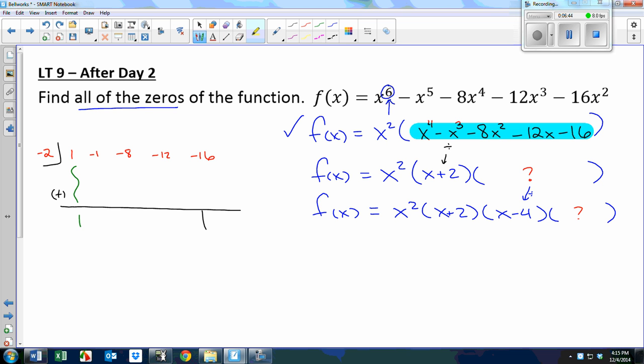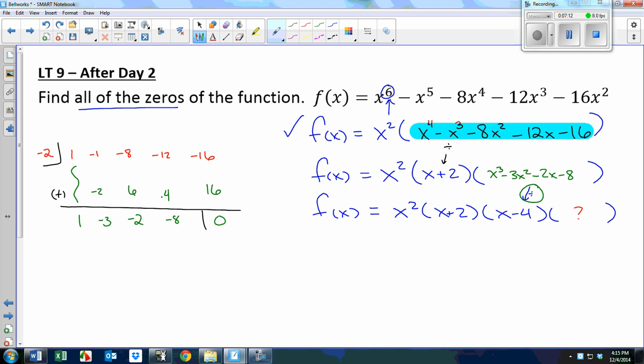Bring down the 1. Negative 2 times 1 is negative 2. Add those and we get negative 3. Negative 2 times negative 3 will be 6. Add those, we get negative 2. Negative 2 times negative 2 is 4. Add those, we get negative 8. And then finally, negative 2 times negative 8 is 16. Add them, remainder of 0, which better be what we get when dividing by a factor.